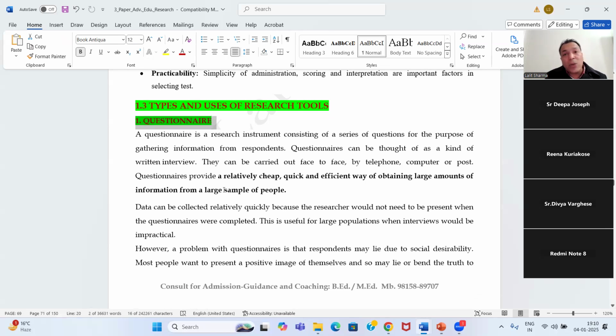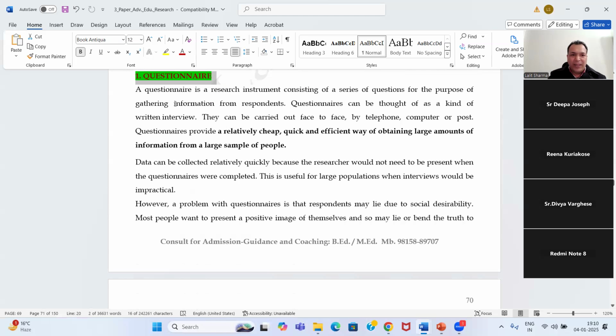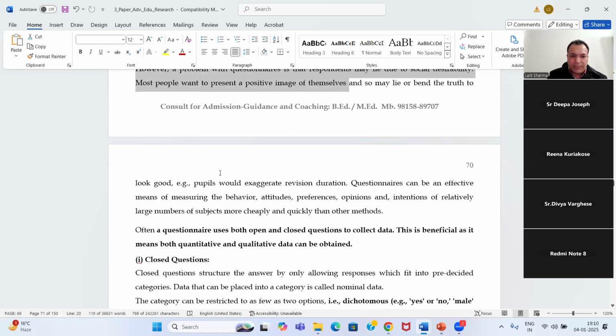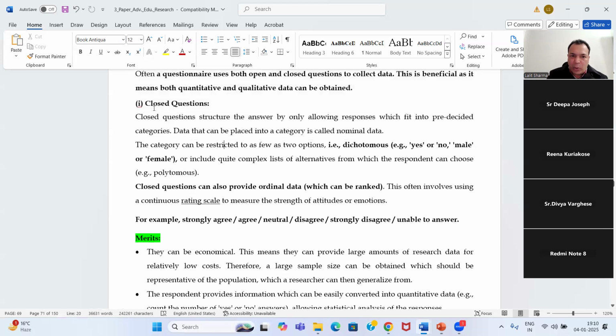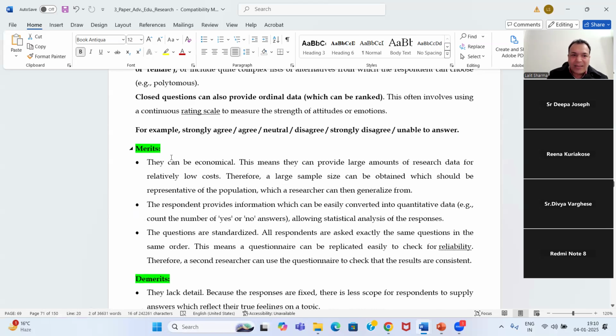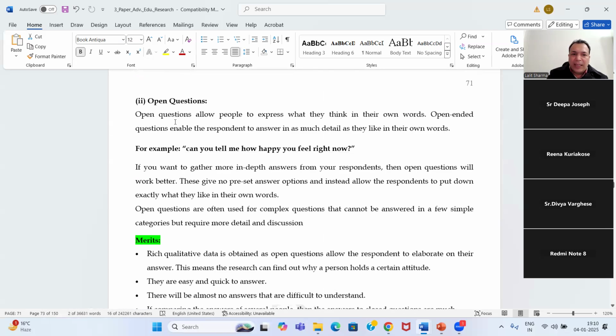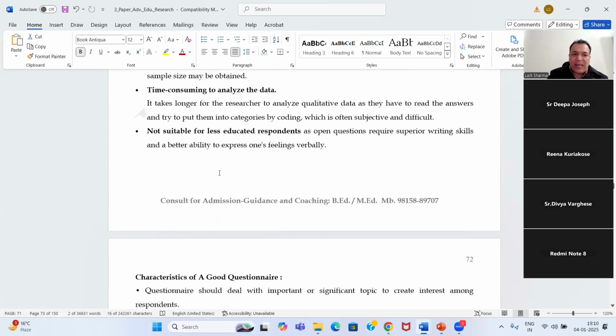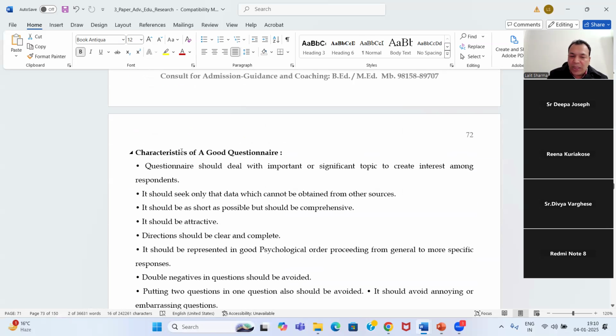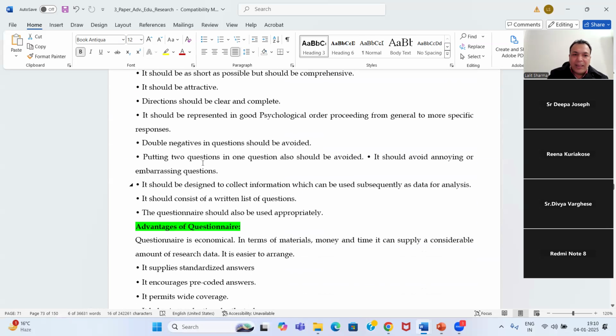Sometimes questions can come on questionnaire also, right? If a single question comes on the questionnaire, then at least you should have material to elaborate your answer. ये देखो, questionnaire tool सारा, right? Questionnaire. फिर closed questionnaires होते हैं, then merits, demerits, then open questions, merits, demerits, then characteristics of a good questionnaire, right?